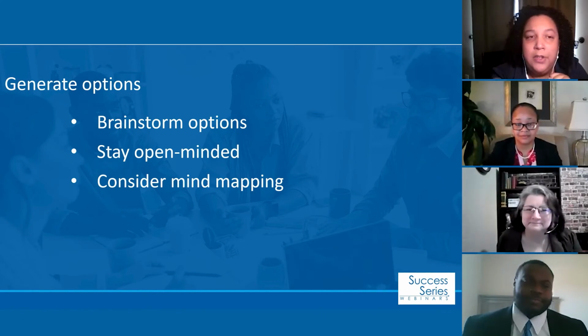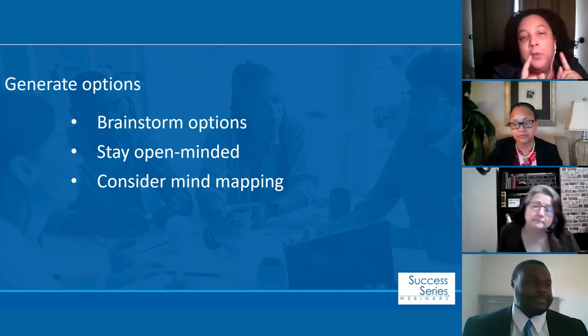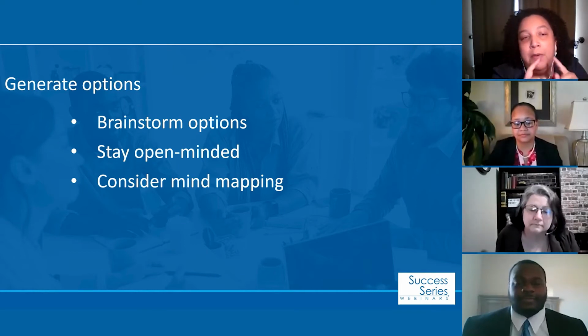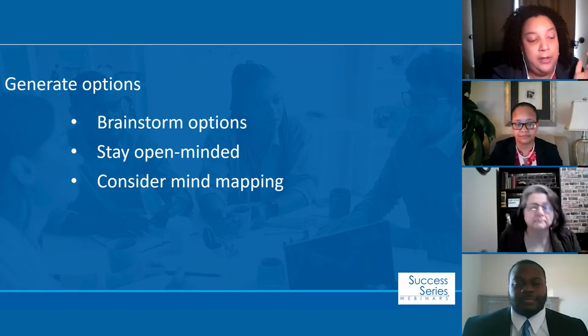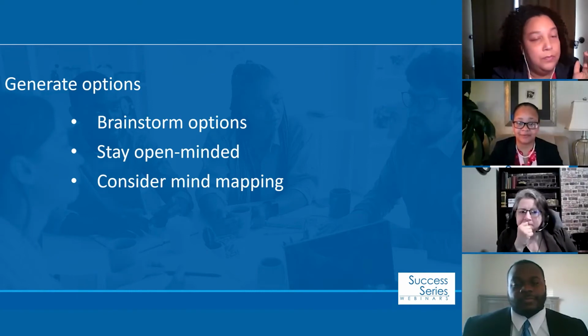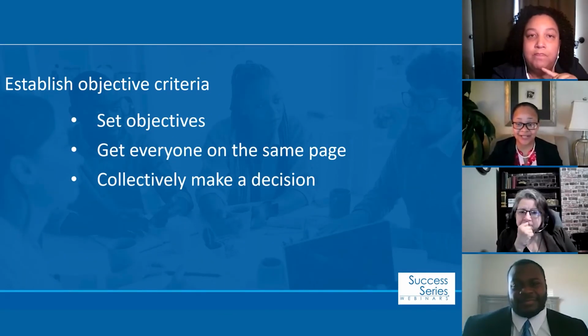Okay, thank you, Nathan. So once you brainstorm those possible solutions, now it's time for you to establish those objectives. Like I always say, you want to make sure that you be specific. So set the expectation.